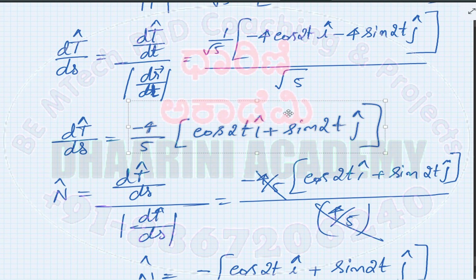Okay, so the next question is this. The motion of a particle defined by x is equal to e to the minus t, y is equal to 2 cos 3t, and z is equal to 2 sin 3t.